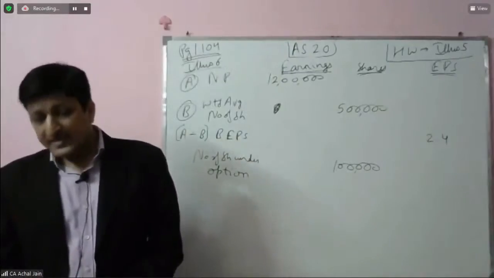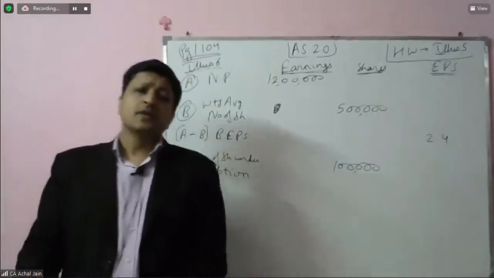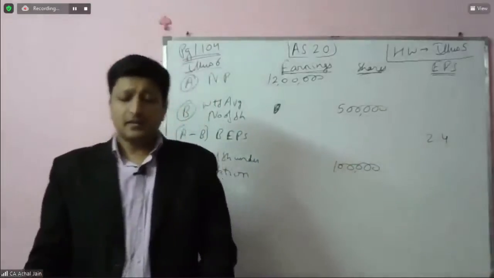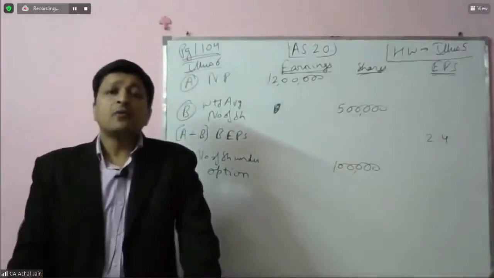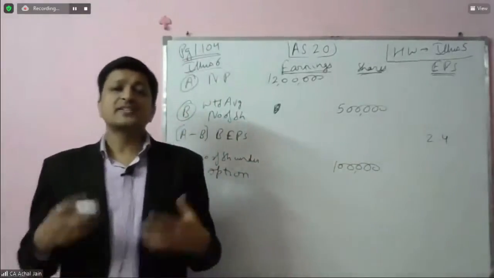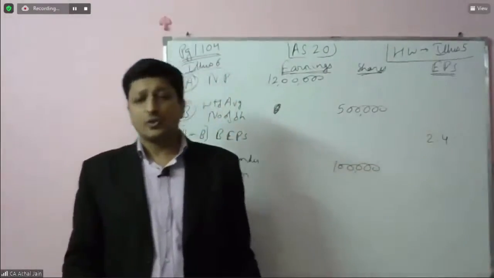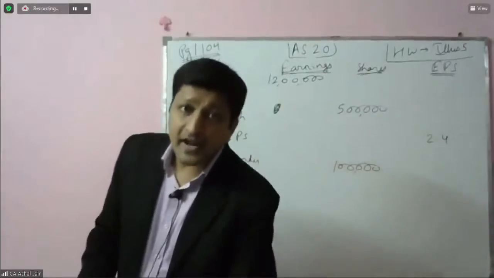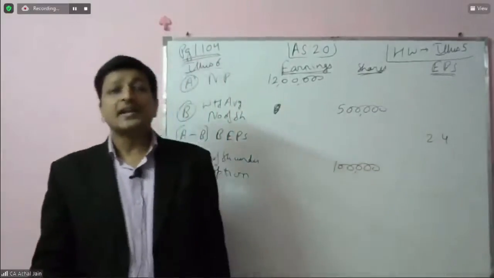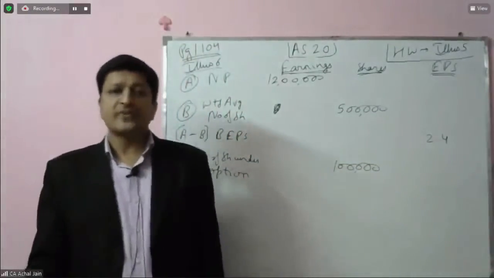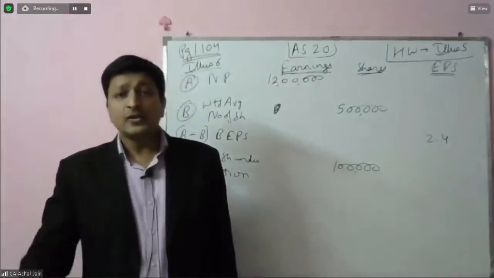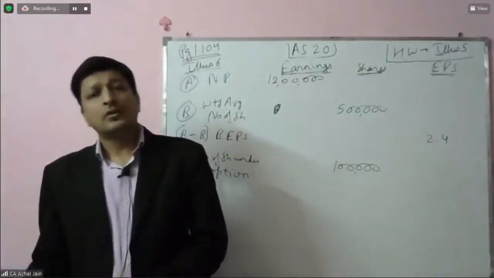Now option price. Option is an instrument. The one who is holding that instrument will get the right to get the equity shares at rupees 15. But the fair value of equity share is rupees 20.